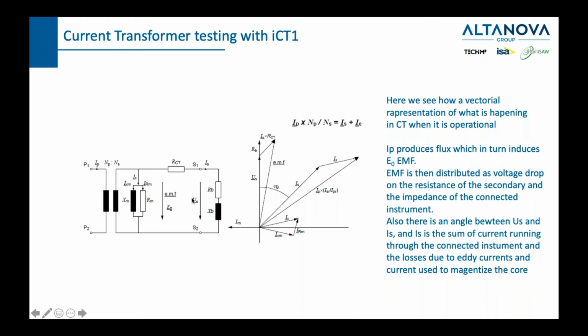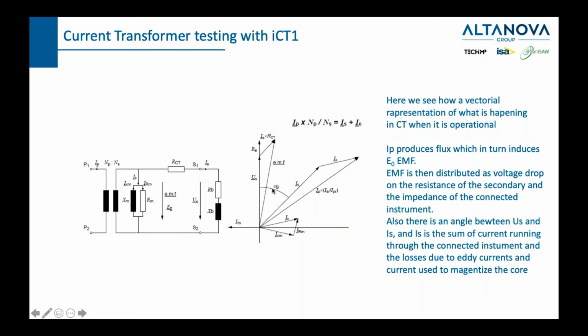We have to take this into consideration. So that's why, if we look at this graphical, vectorial representation of currents and voltages, we see that the voltage at the ends of the secondary side of a current transformer, when you add the voltage drop on the resistance of the winding, gives us the EMF, or electromotive force.